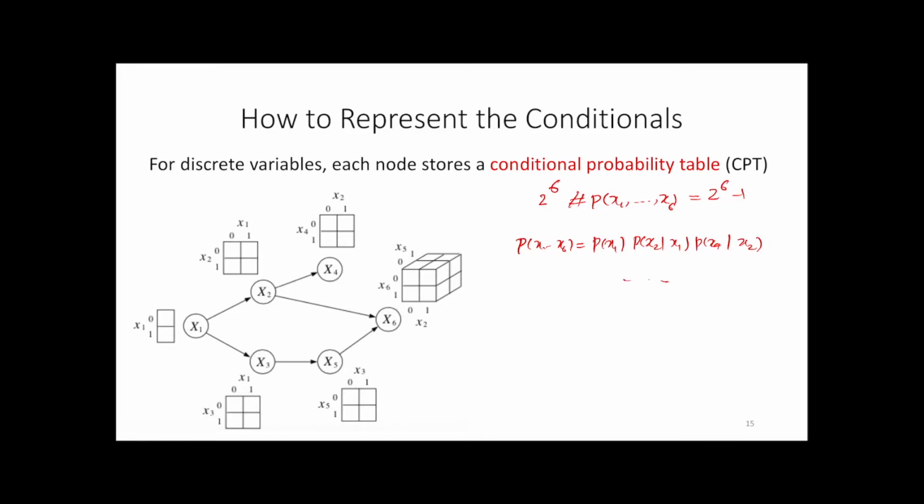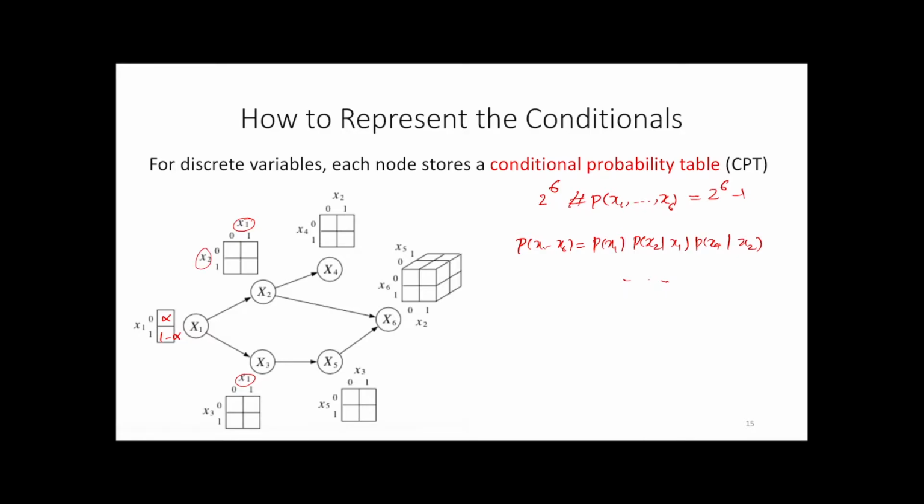Now the way to parameterize it: because x2 does not depend on anyone, I only need one parameter to specify it. This would be alpha, and this would be 1 minus alpha. For the ones that depend on one random variable, you can view it as a table that has what you are conditioning on. So here you're conditioning on x1 and the variable itself.